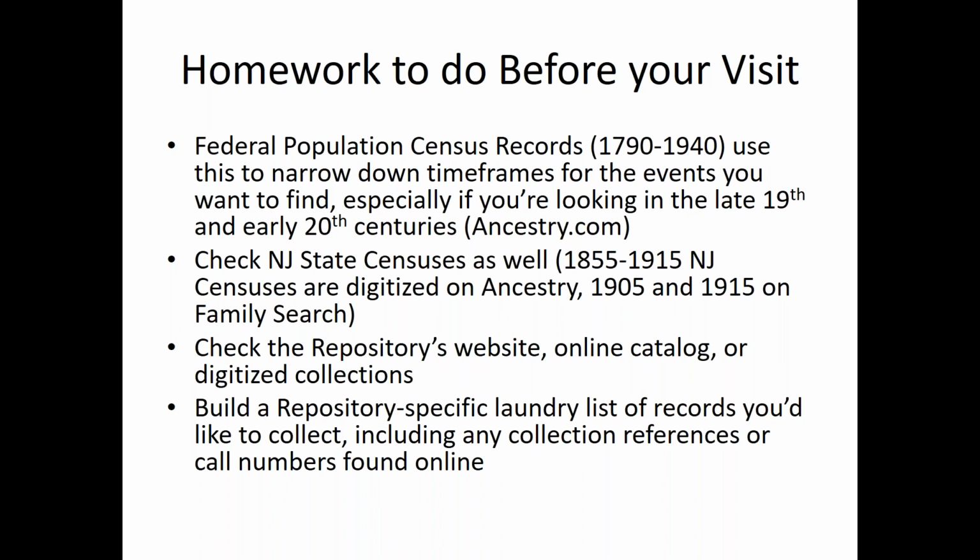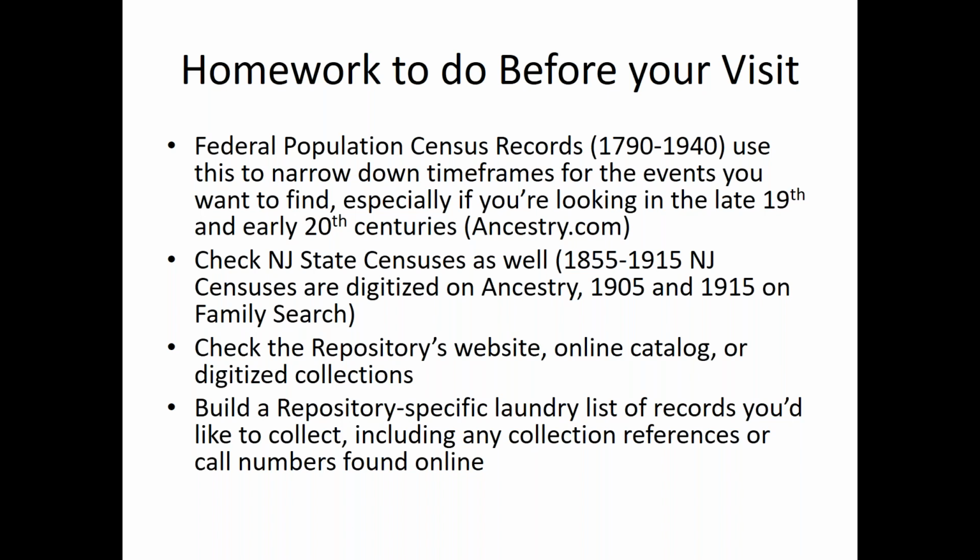So the New Jersey state censuses are on the 5s, so 1855, 1865, 1875, whereas the federal census records are 1850, 1860, 1870. So checking the New Jersey state censuses can really help you narrow down to a 5-year window rather than a 10-year window for events that you're looking for.